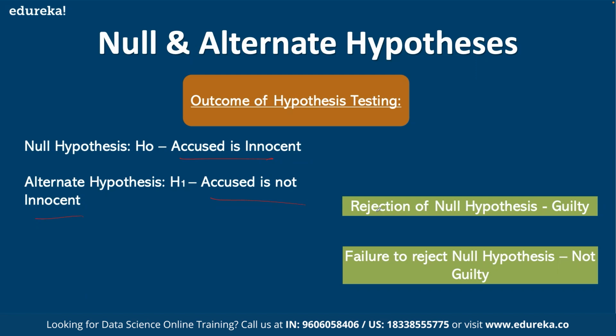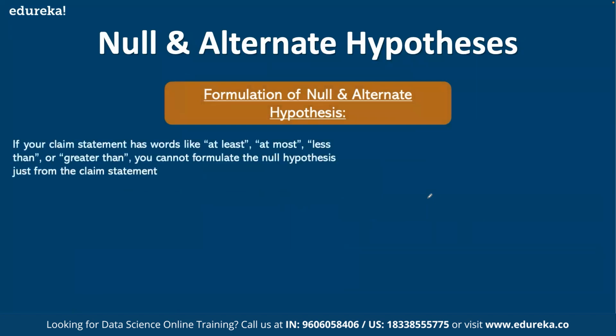Next, if I go ahead with the alternate hypothesis, we are going to reject the null hypothesis. When we are formulating the null hypothesis and the alternate hypothesis, suppose your claim statement has words like at least, at most, less than, or greater than.